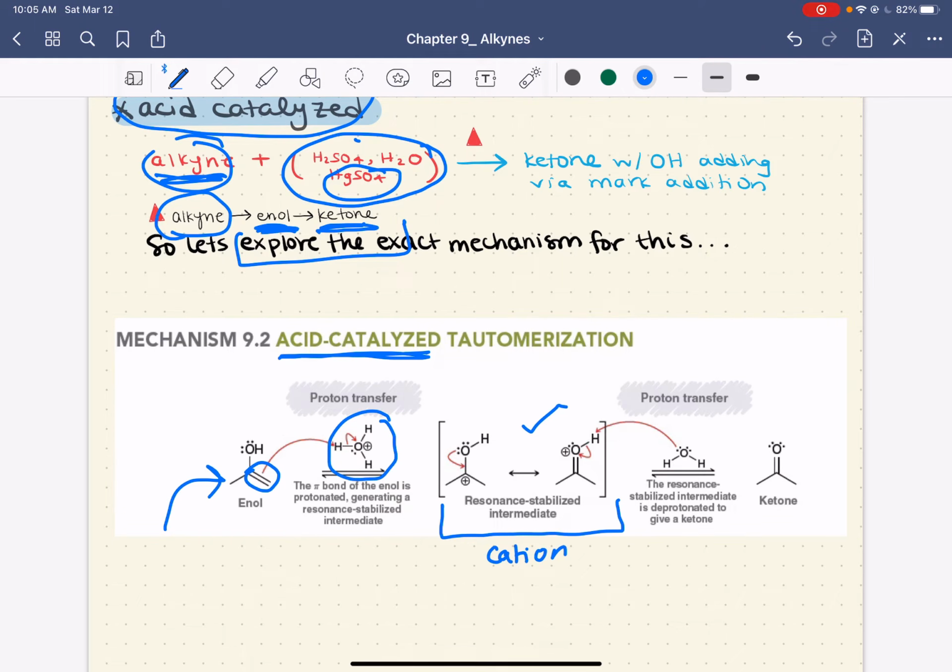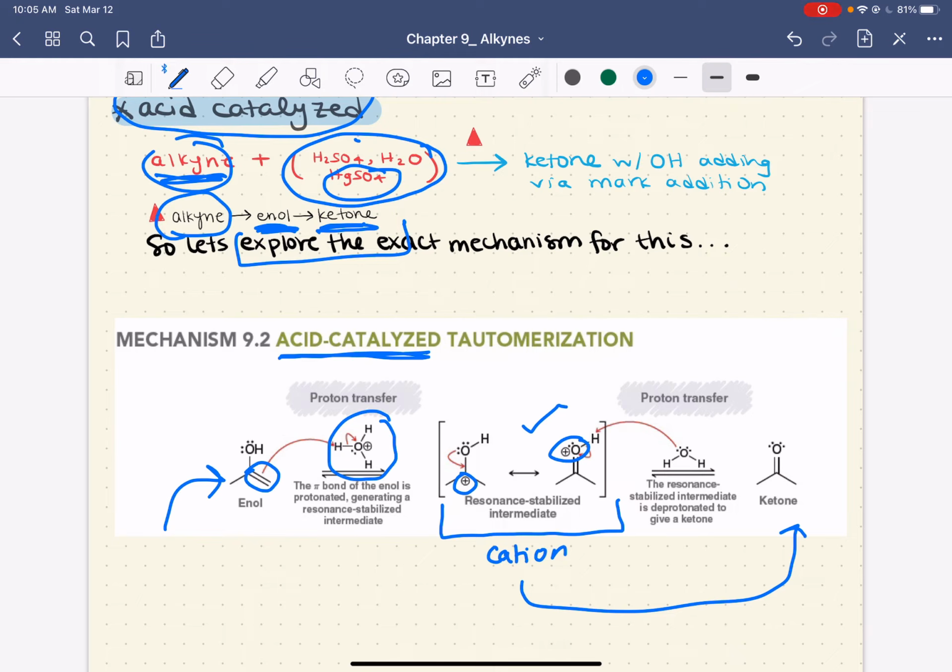We've protonated this double bond and as such have generated this positive carbocation here. Now we're going to take the lone pairs of the oxygen and form a double bond here, but that means now our oxygen has that positive charge. This is our intermediate that we want to take to a ketone.